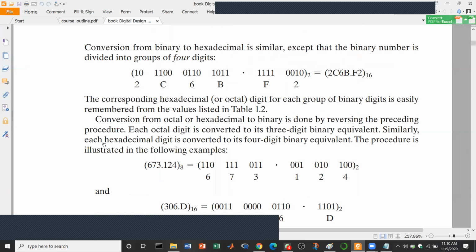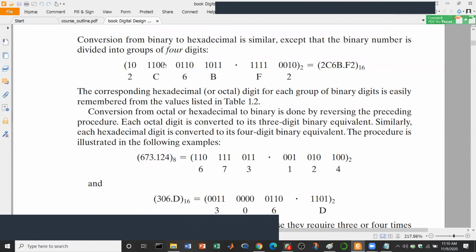So this example is primarily dealing with how a binary number is converted into a hexadecimal number.